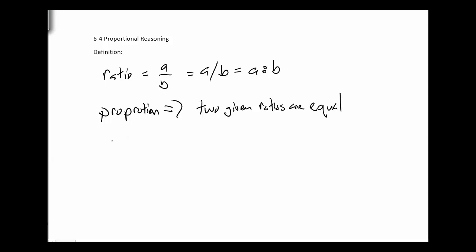Formulaically, A over B equals C over D if and only if A times D equals B times C. That's the rule we all learned earlier in our lives about cross multiply. So if I cross multiply and they give me the same number, then I can state that we have a proportional relationship.